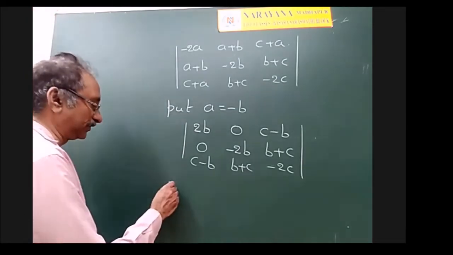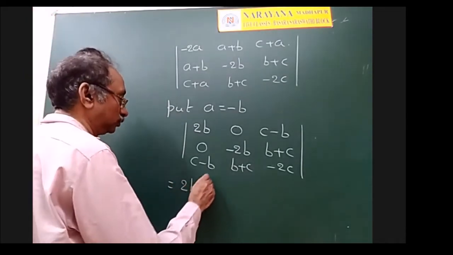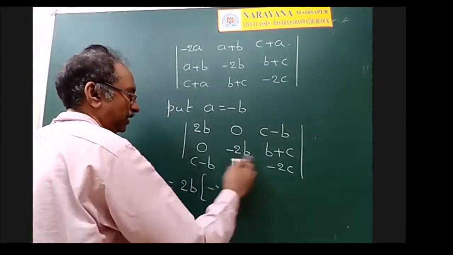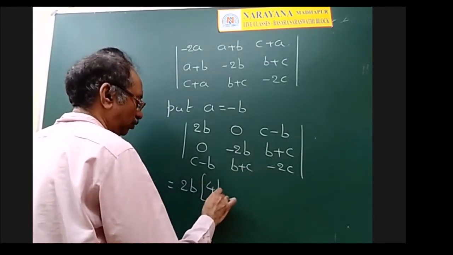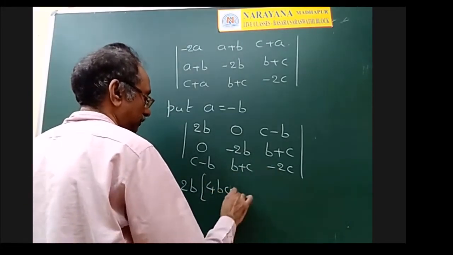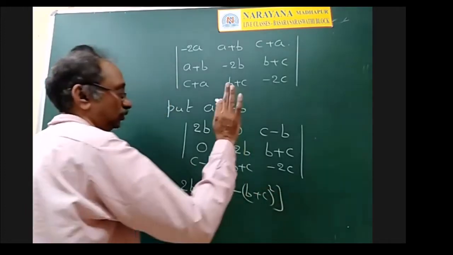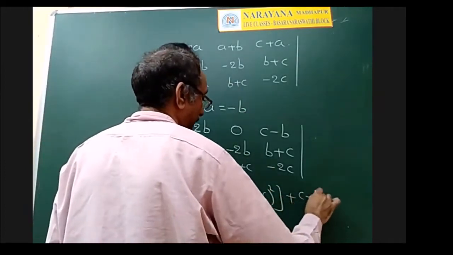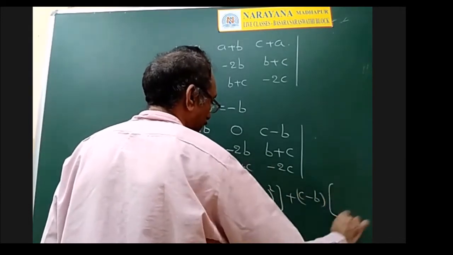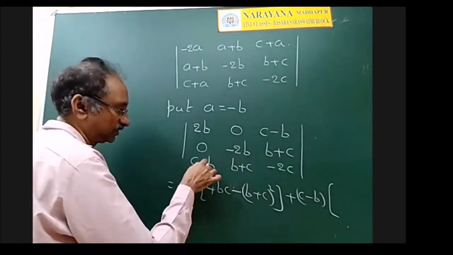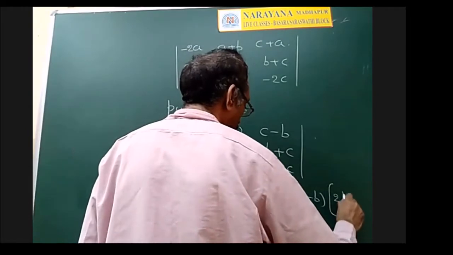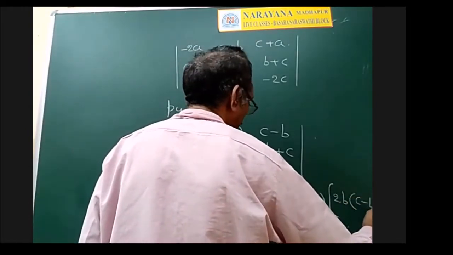So this determinant becomes 2b into minus 2b into minus 2c, that is 4bc, minus b plus c whole square. Then 0 into cofactor, plus c minus b into this into this minus of this, 2b into c minus b.